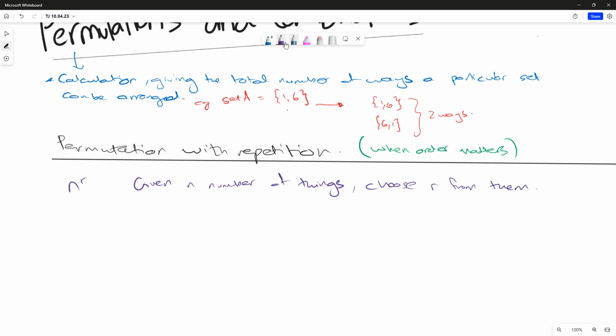An example would be, let's suppose you've got a password that is, let's say, 5 digits, and each digit is from 0 to 9, and the digit can be repeated.